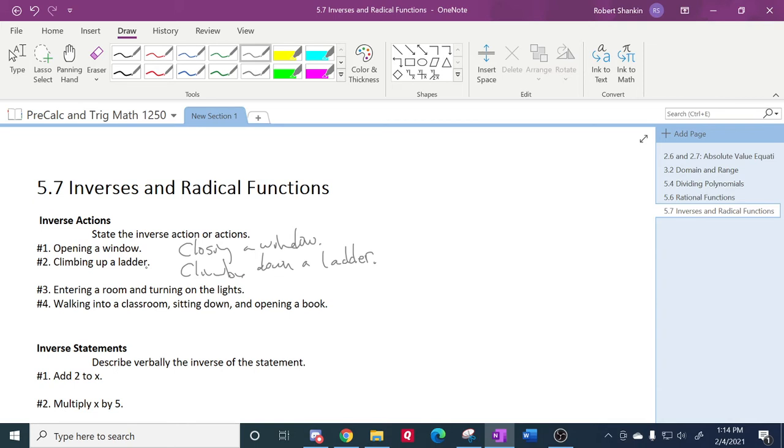All right. Now it gets a little more complicated. Do number three. State the inverse action or actions of entering a room and turning on the lights. Write that into your group chat.